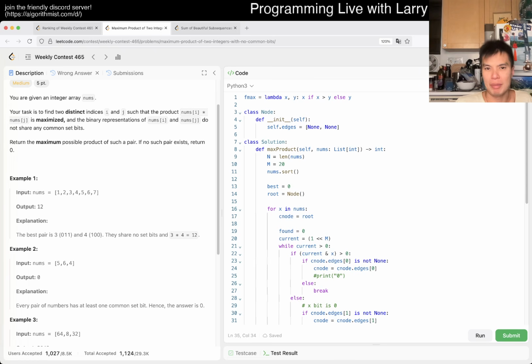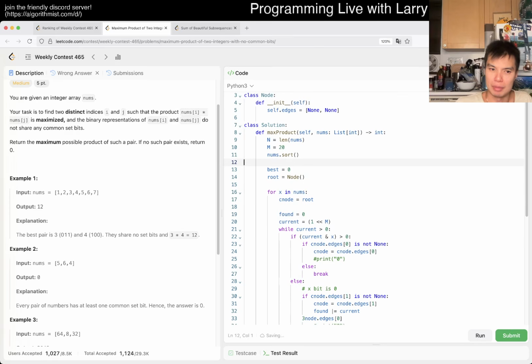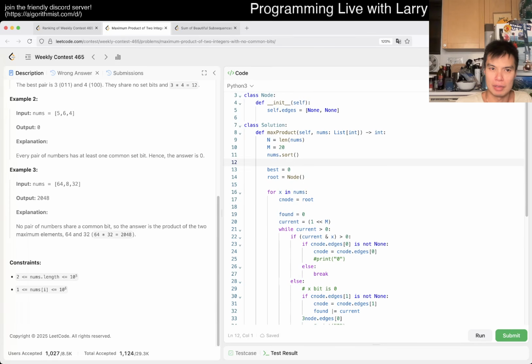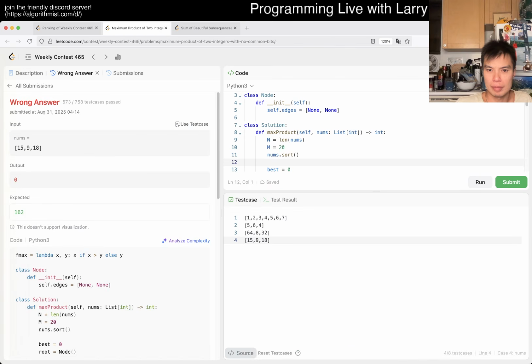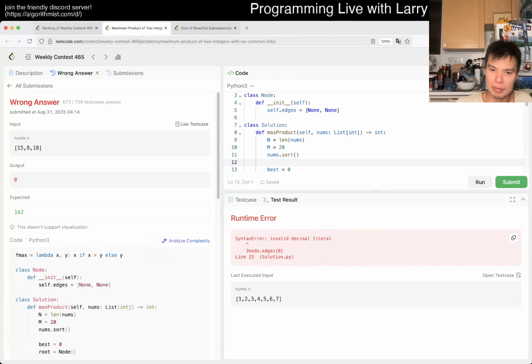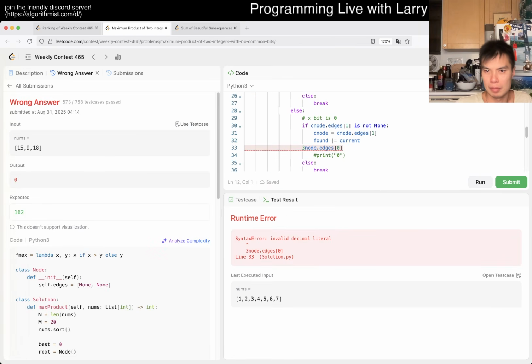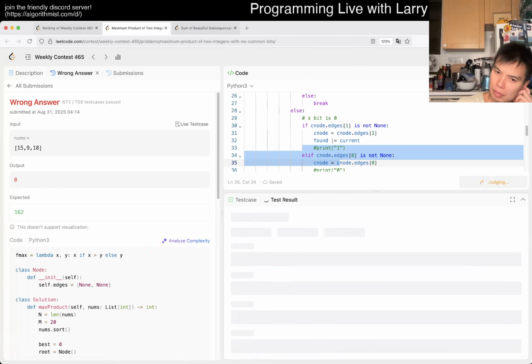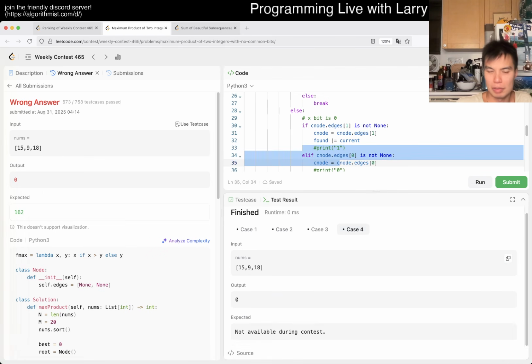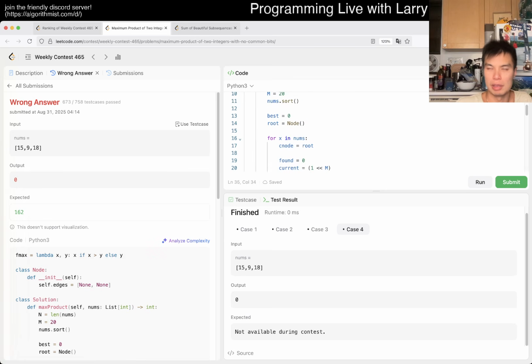I mean, not more than what my trie should have done, but it's just wrong on this one, right? This is wrong because of the binary bits, because it forces you to go down. Yeah, I mean, okay. Oh man.